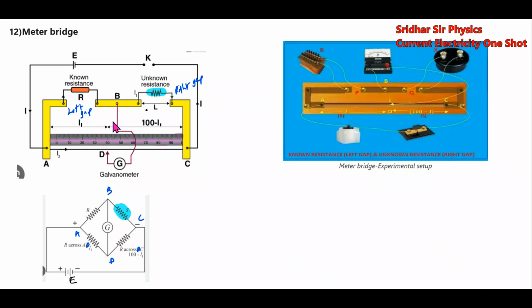Now, this particular thing is called a jockey, a mobile sliding rod. I can slide it here. When the bridge is balanced, when the galvanometer shows zero deflection, then I'll note down the length L1.